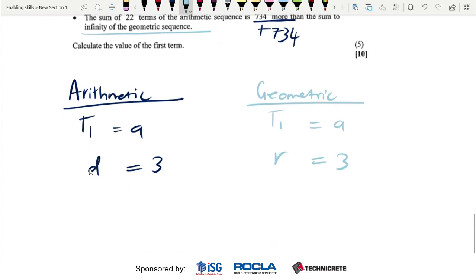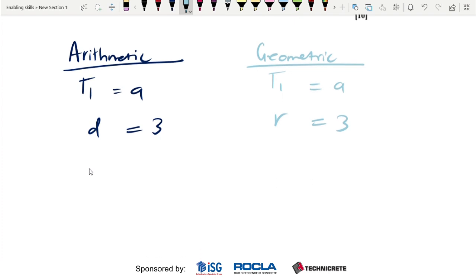So we can write this by making the two equations for an arithmetic sequence and a geometric sequence equal to each other. So the sum to 22, or the sum for an arithmetic sequence, would be given as n over 2 times 2a plus n minus 1 multiplied by d.